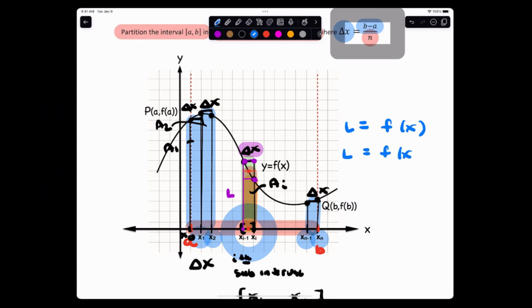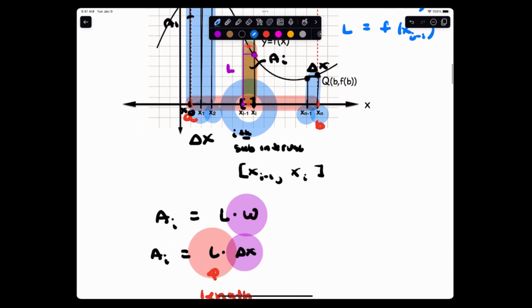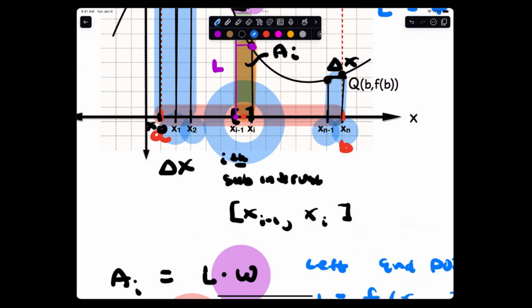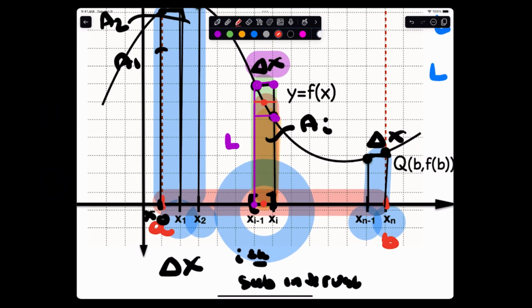If you use the left endpoint, the length is f of x sub i minus 1. It's this endpoint down over here. And remember, that length is the value of the function. It's really your y value, right in here. That's why it's f of.